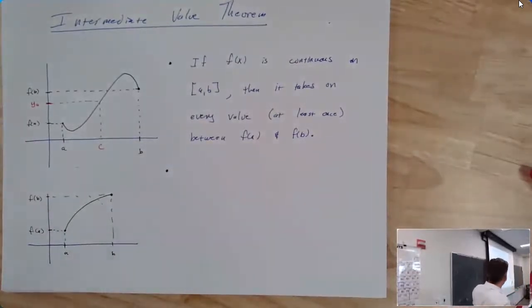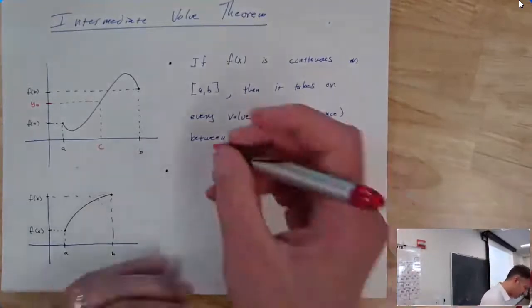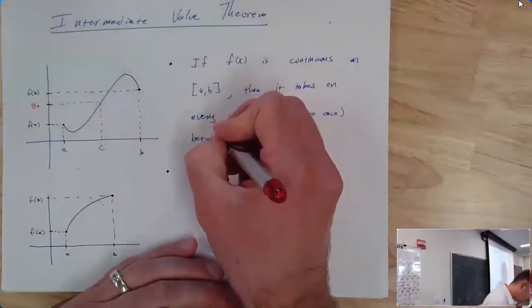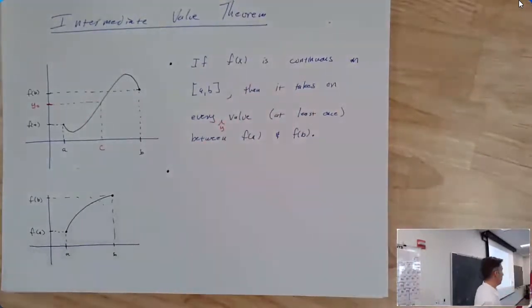I feel like this makes sense. Maybe I should add one little thing here. It takes on every y value between f of A and f of B.